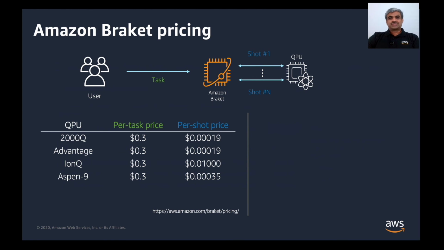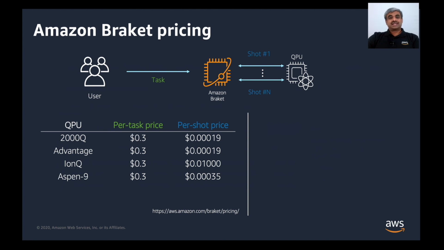There are two concepts you need to know when considering pricing: a quantum task and a shot. A quantum task is the atomic request to a device. So for gate-based quantum computing devices, this includes the quantum circuit, the measurement instructions, and the number of shots. For annealing devices, it includes the problem definition, the number of shots, and other optional parameters.